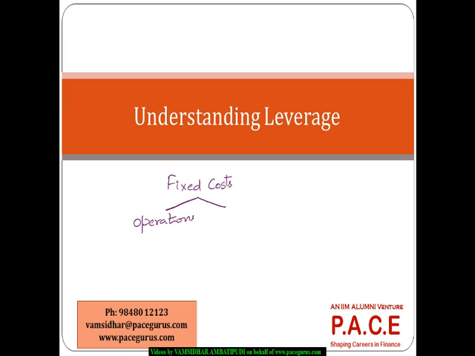For operations purposes, if fixed costs are being used, that is called operating leverage. And if fixed costs are used for financing purposes, then we call it financial leverage. So these are the two broad forms of leverage which we see with respect to organizations.